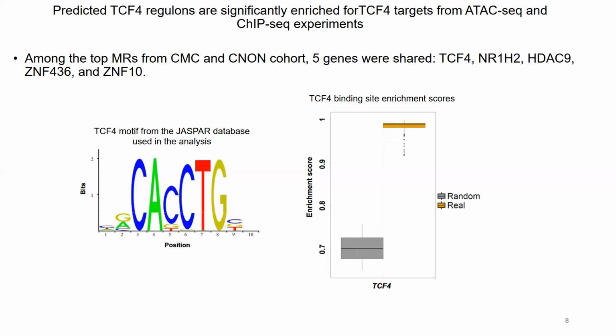As you can see on the left-hand side, we extracted the sequences of the target genes of TCF4, 2 kilobases upstream and 1 kilobase downstream of their transcription start site, and used a significance threshold of 80% to test the relative enrichment scores of its target genes.